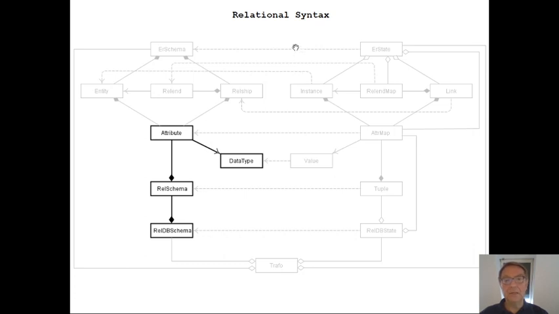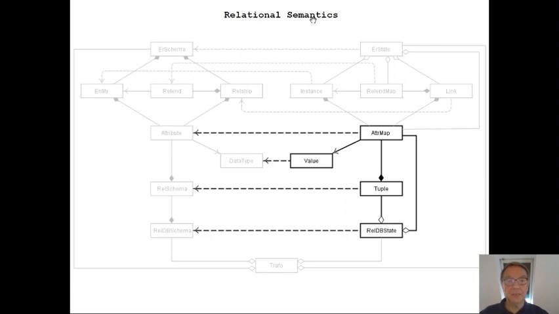And analogously, we have the relational syntax part. In the relational syntax part, we have the relational database schema, which consists of many relational schemas. A relational schema consists of many attributes, and each attribute is typed by a data type. And we have the relational semantics.